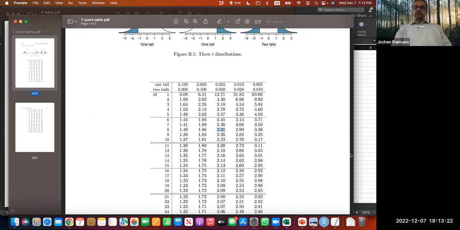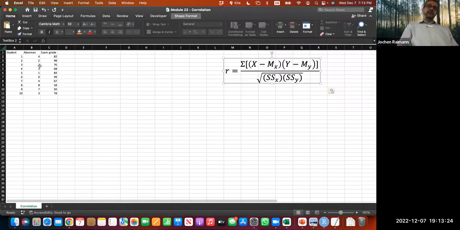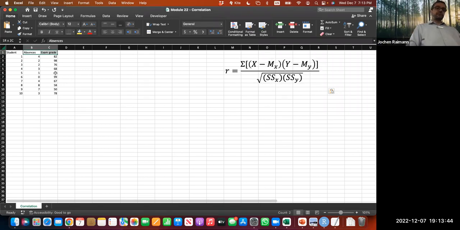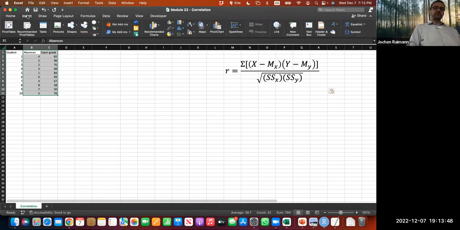If we're doing the calculation now, we're looking at our two variables with 10 students. Disregard the student ID, that's just a unique identifier. We have 10 absences and 10 exam grades of the same students. Whenever you do a correlation or regression analysis, always first do a scatter plot.